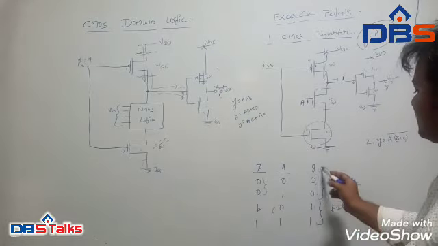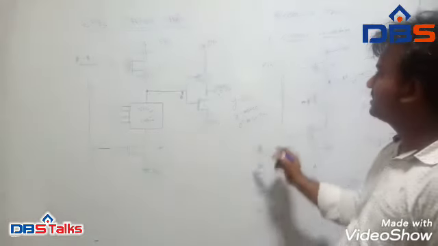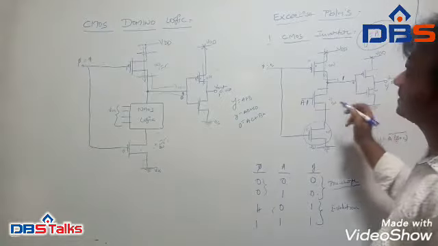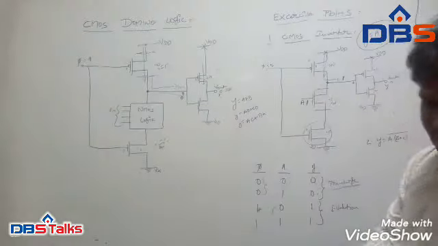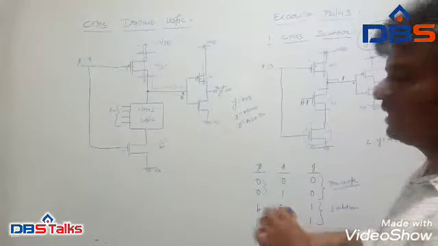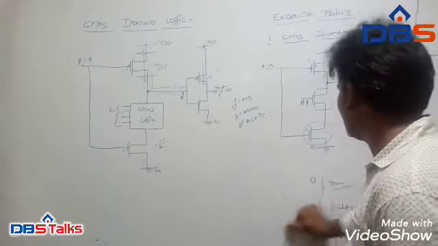So the output follows the Pi value. That means controlling the value to get a perfect result by using CMOS Domino logic. I will explain clearly how to design another circuit using different logic functionality.